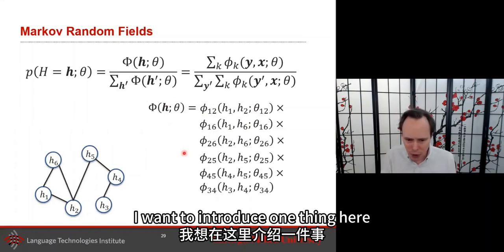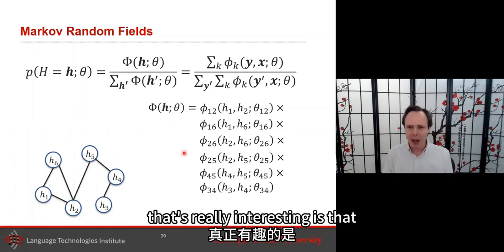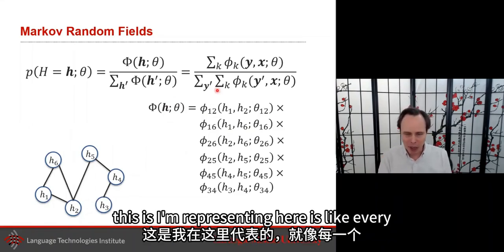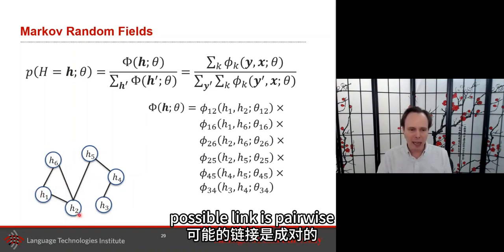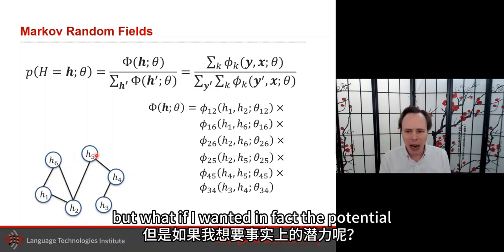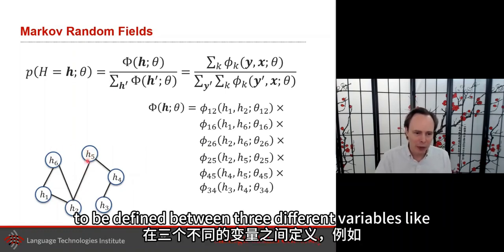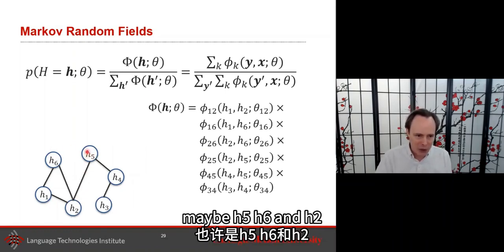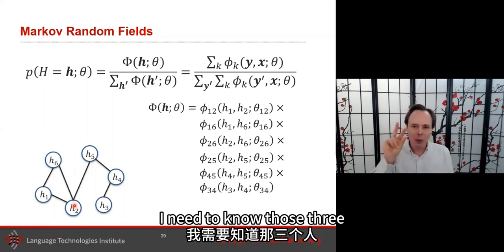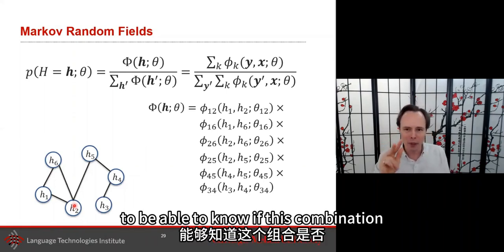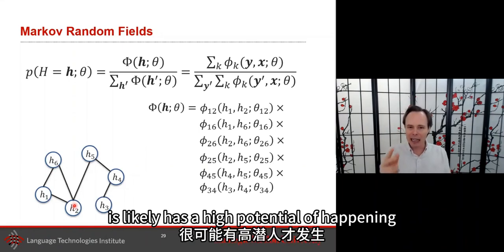I want to introduce one thing here that's really interesting. What I'm representing here is that every possible link is pairwise. But what if I wanted the potential to be defined between 3 different variables, like maybe H5, H6, and H2? I need to know those 3 random variables to be able to know if this combination is likely, has a high potential of happening.